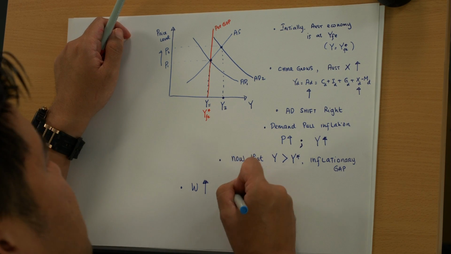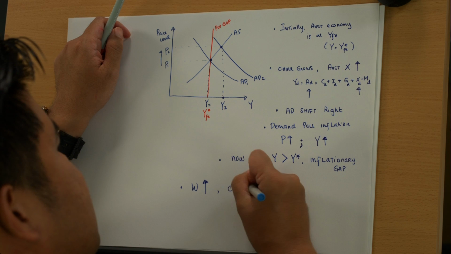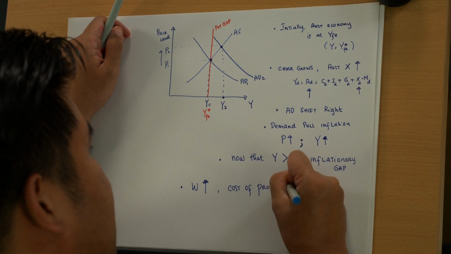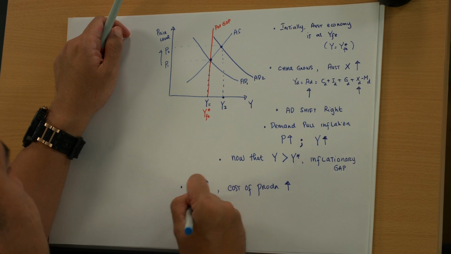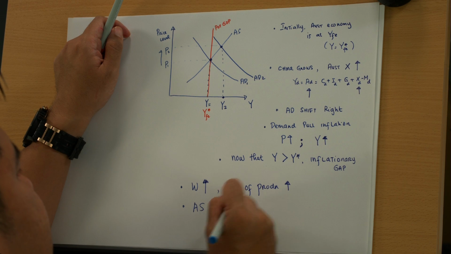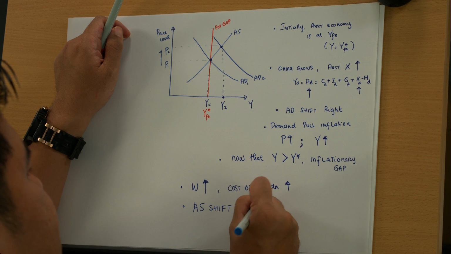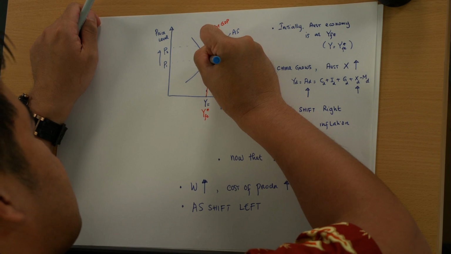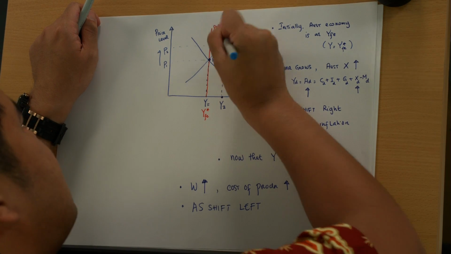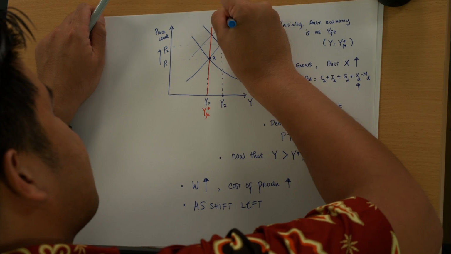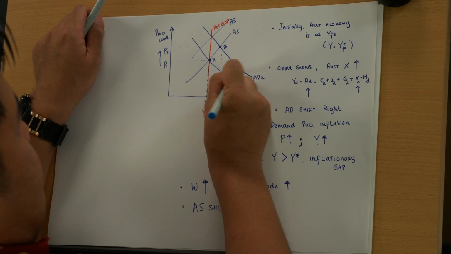When wages start to go up, costs of production become more expensive, then AS will shift to the left. So from A to B, now AS shifts to the left. Okay.